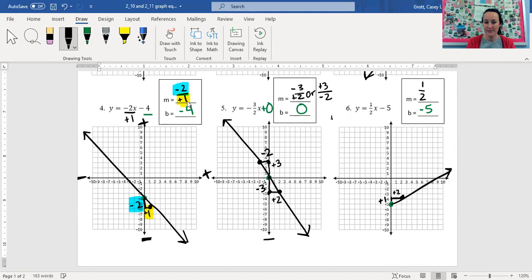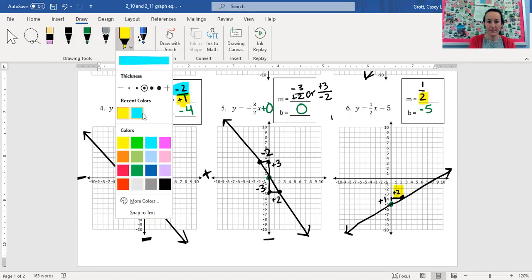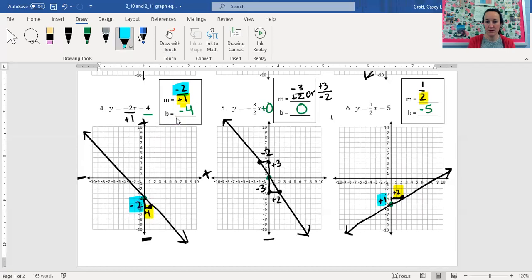Draw my line to connect my points. Okay. Up 1, over 2 to the right. Up 1, and then over 2 to the right. So this is what we're going to practice today.